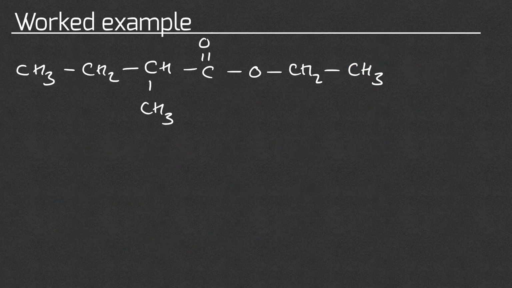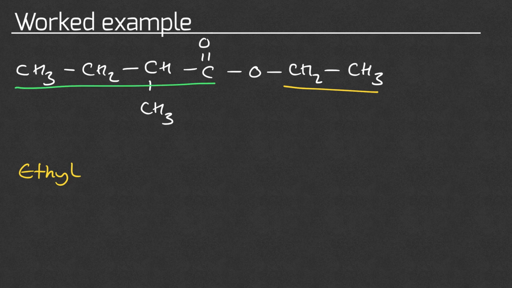Again, in this example, we've got another ester which we need to name. We'll start as usual by looking at the alkyl group first. In this case, the alkyl group has just got 2 carbons, so it must be named ethyl. We'll now look at the part of the molecule which will come from the carboxylic acid.